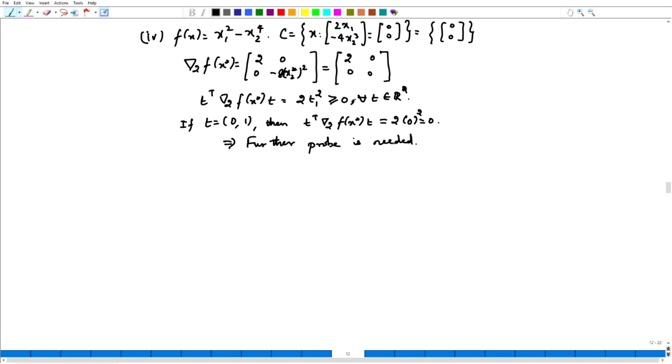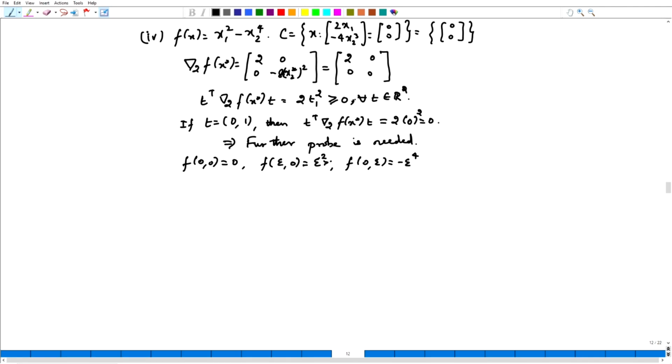So, I will now argue why (0, 0) is a saddle point in this example. Note that f(0, 0) is 0. f(epsilon, 0), where x1 is some infinitesimally small positive value, is actually epsilon squared, and f(0, epsilon) is minus epsilon to the power 4.